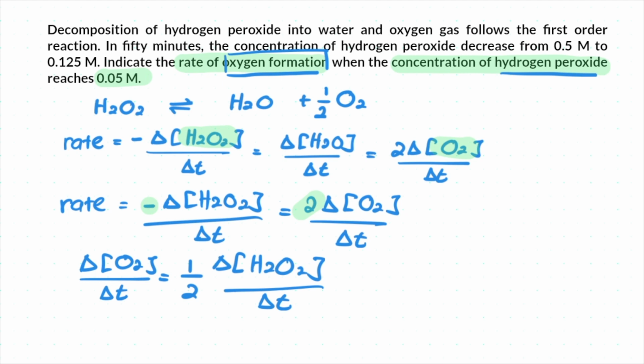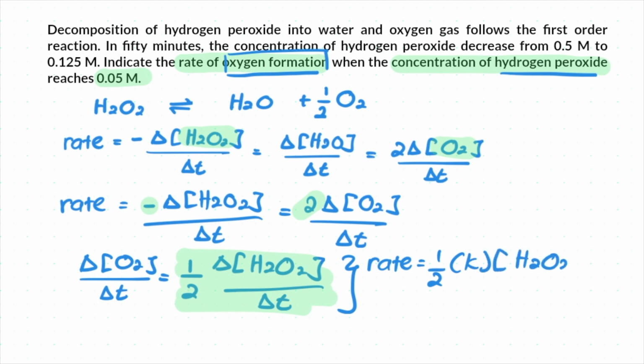So since we know that the rate of oxygen formation is actually equivalent to half delta concentration of H2O2 divided by delta t, we can transpose this to rate. So we can write it as rate equivalent to half the rate constant times the concentration of H2O2, whereby the concentration of H2O2 is given in the question.